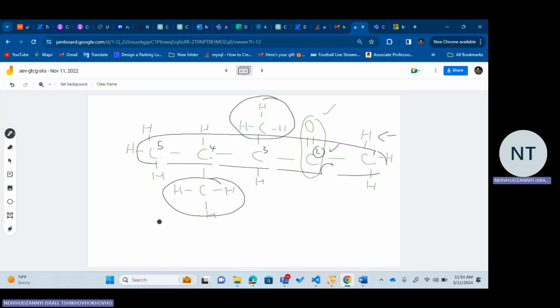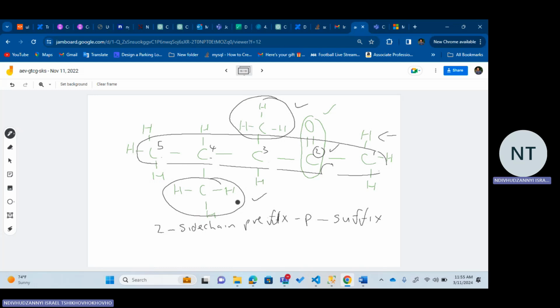Then let's name. Our naming convention says: position of the side chain, prefix, position of the longest chain, suffix. The next step, you can see that we have two side chains, right?